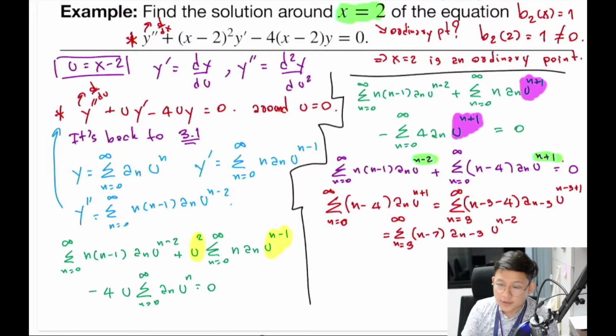Okay, so I can substitute this back into this.